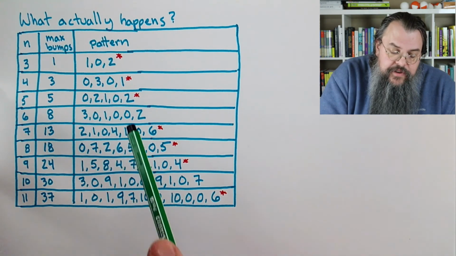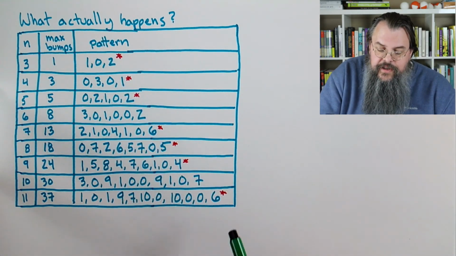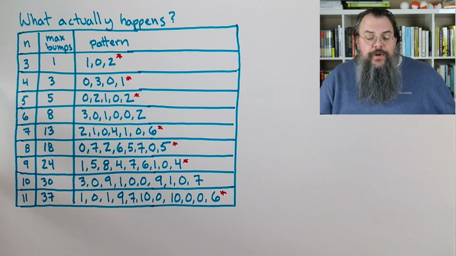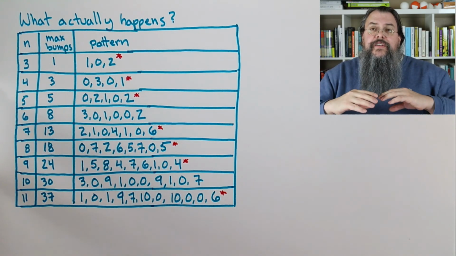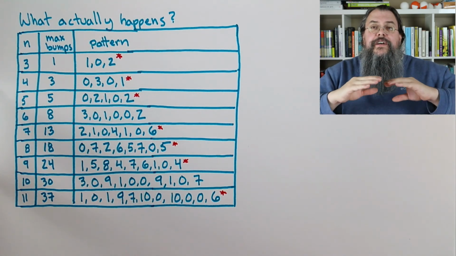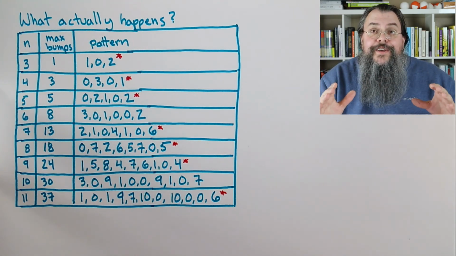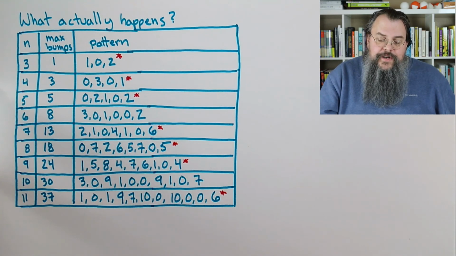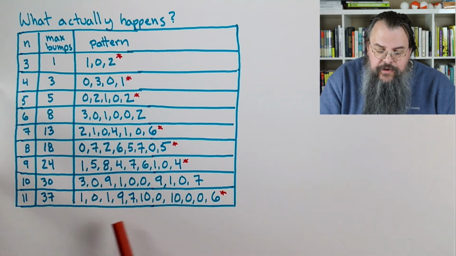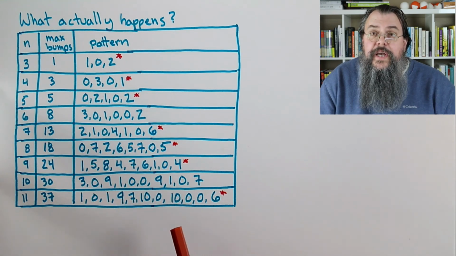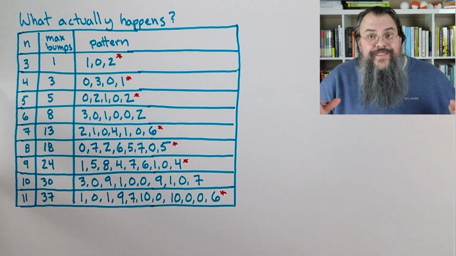We don't know. You might also notice that there's stars here. What do they mean? Well, the stars indicate the times when, essentially, this is the worst case scenario, and for all intents and purposes, it's unique. So, in other words, not only at 11 does this thing take 37 modifications, it's only this that takes 37.